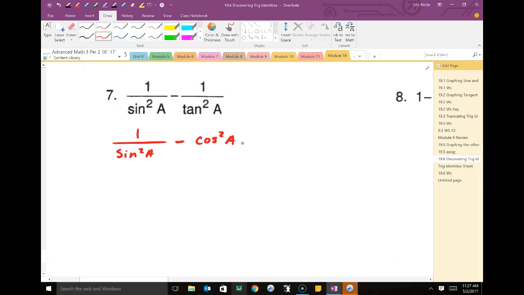Whoops, not cosine, my bad. I wrote the wrong one, cotangent. So now using the cotangent identity with a sine and a cosine, what is cotangent the same as? Cosine over sine. So cotangent squared is cosine squared over sine squared.